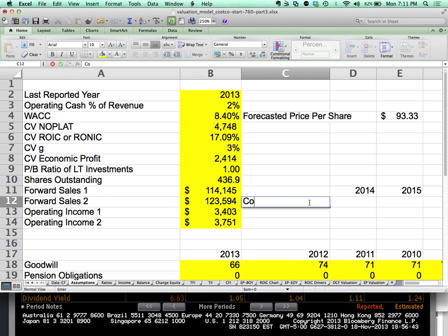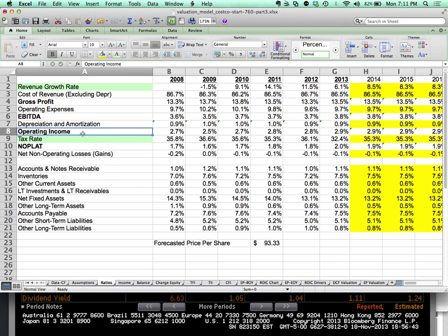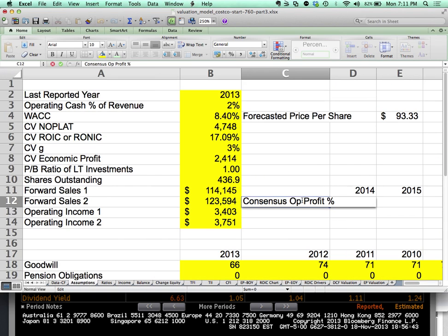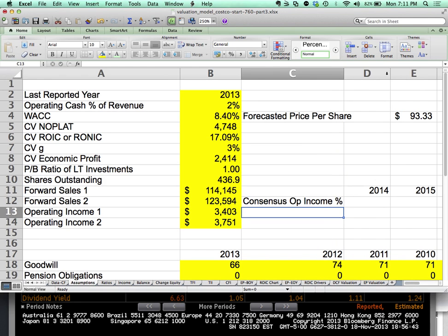I have a consensus operating profit percent, which we had called operating income as a percentage of sales. So I'll call that operating income percent. But I know what the analysts are forecasting for operating income because it's right here on this page.